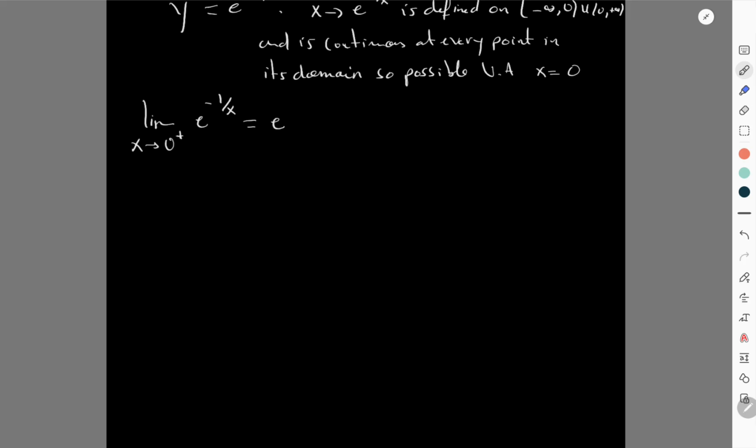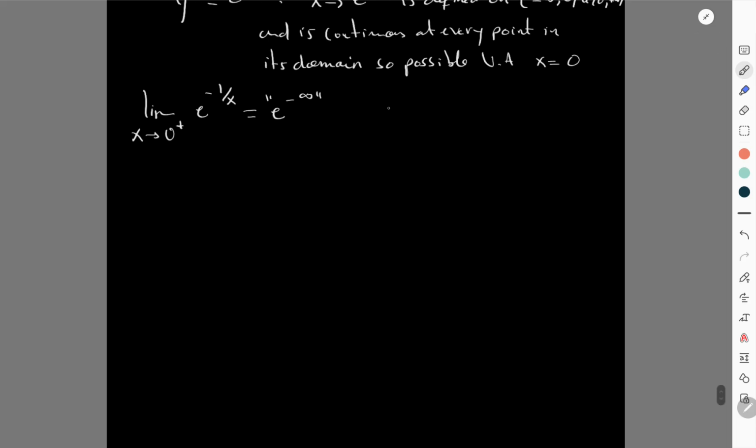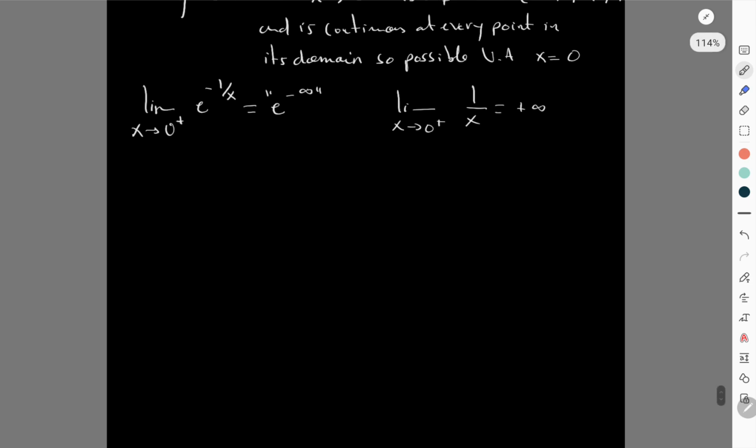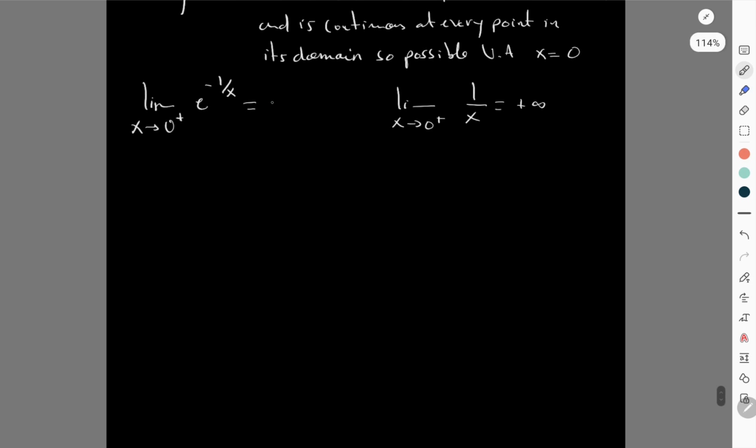This is just e to the minus infinity, technically. Because as x goes to 0 plus, 1 over x goes to plus infinity, so minus 1 over x will go to minus infinity. So this is just equal to 0 since it's equal to e to the minus infinity.